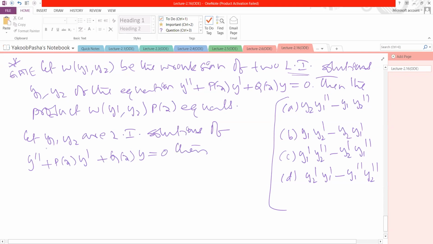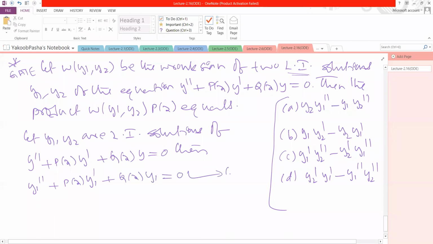That means y1 satisfies this equation and also y2. Then in this case, we can write y1 double dash plus P of x into y1 dash plus Q of x into y1 is equal to 0.